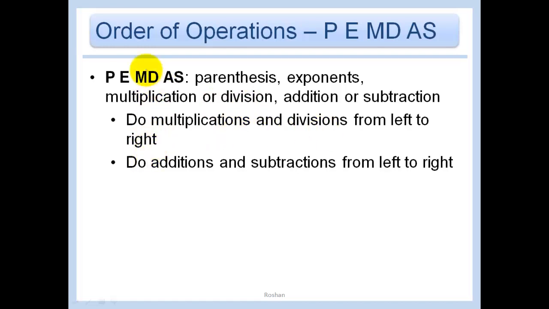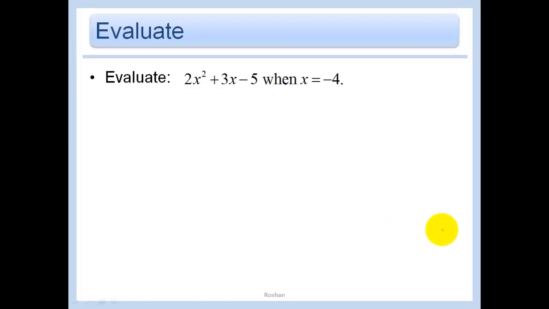So this does not mean that multiplication comes before division, and that's why I separated them with spaces. Parentheses comes first, then exponents, then multiplication or division, whichever one pops up first as you're going from left to right. Same with addition and subtraction from left to right, and we'll do some examples.